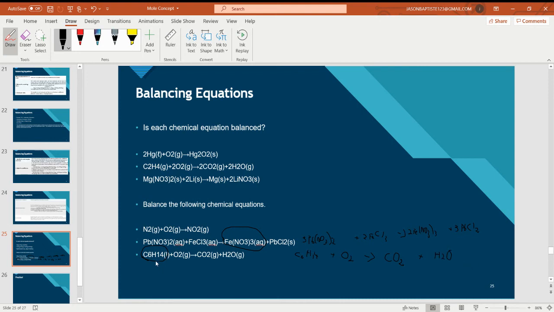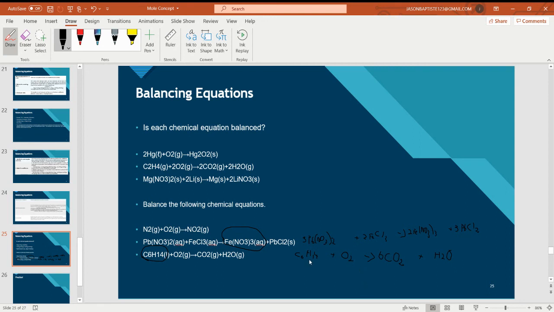So let's start with the most complex substance, as we said. So we have 6 carbon and 14 hydrogens. So to balance these carbons, we start in here, with carbon dioxide on the product side. We would want to put a 6 here. Right? So we have 6 carbons on both sides.